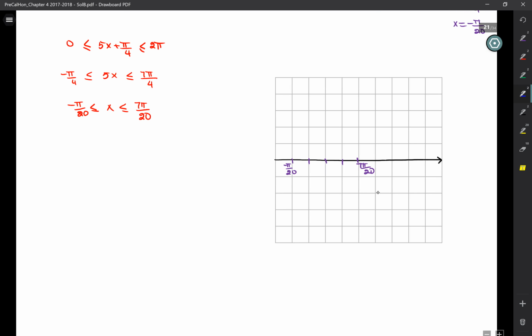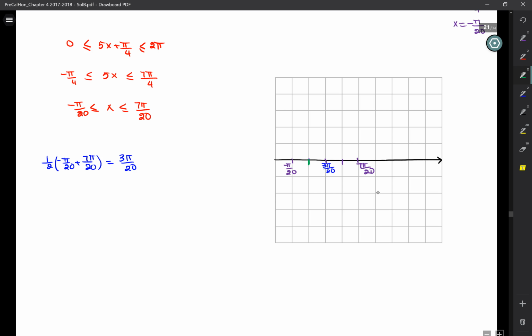We need to find the midpoint. To find the midpoint, add and divide by 2. So we're going to add the endpoints and divide by 2. So it's going to be half of negative pi over 20 plus 7 pi over 20, right? So that's 6 pi over 20, and that's 3 pi over 20. So the middle is 3 pi over 20. Okay, I'll try to color code.